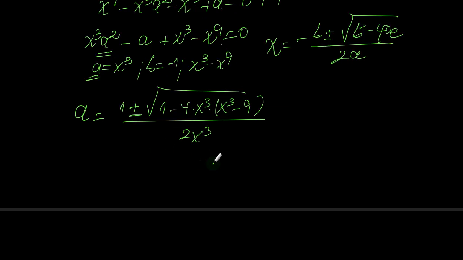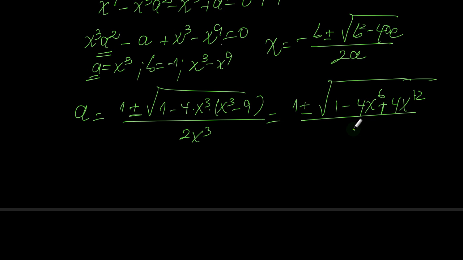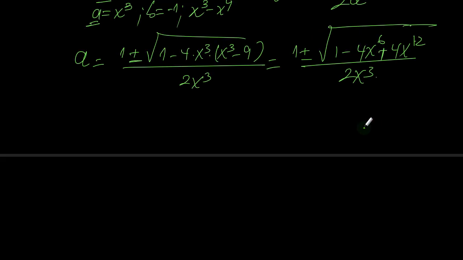Okay, cool, guys. Let's simplify this. This will give us 1 plus or minus square root of 1 minus, this times this, we will have minus 4x to the 6 plus 4x to the power of 12, divided by 2x to the 3. So then we're going to have a equals 1 plus or minus, and this one here will give us a perfect square, right? So this is actually 1 minus 4x to the 6 plus 4x to the 12.